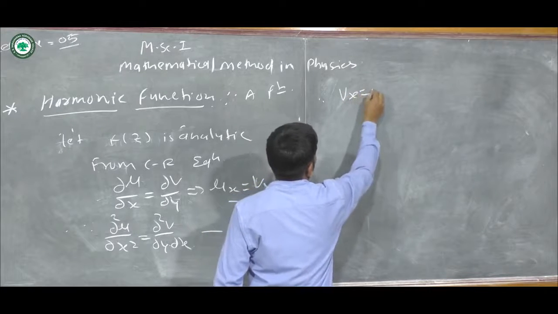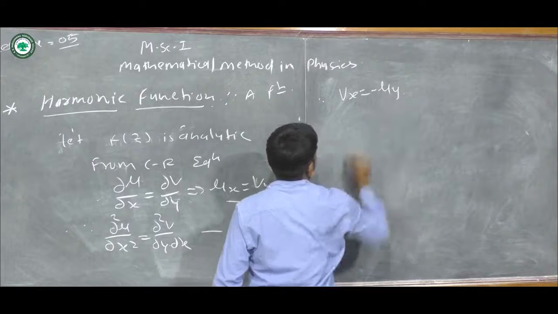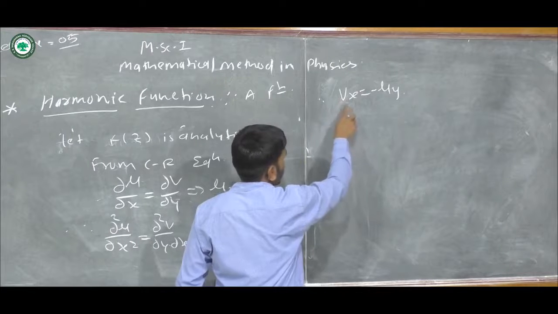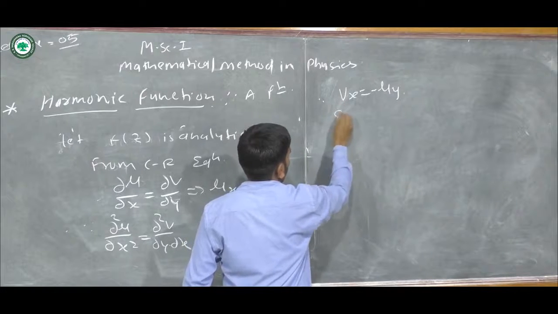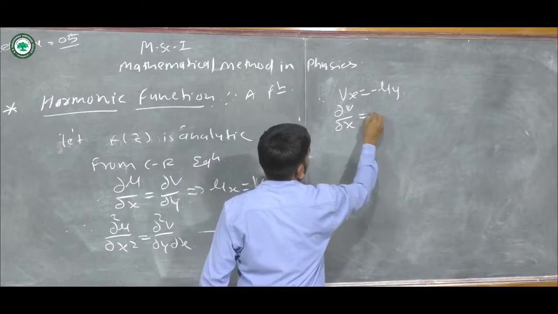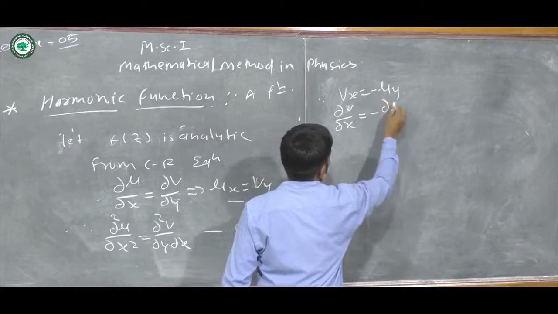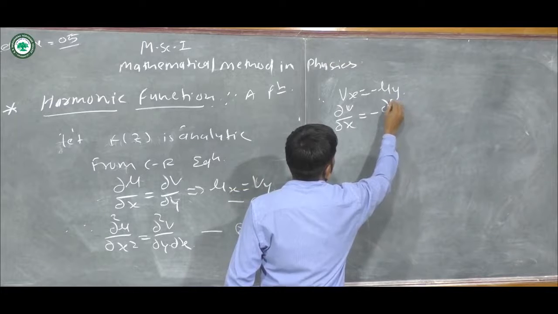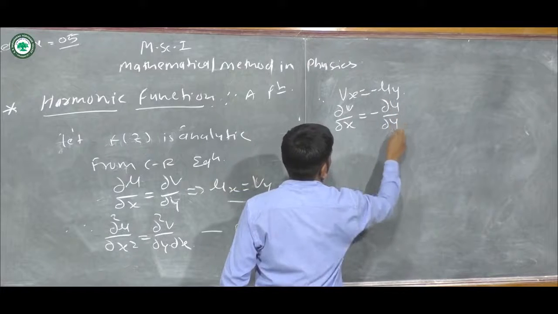Vx is equal to minus uy. So Vx is dou v by dou x is equal to minus dou u by dou y.